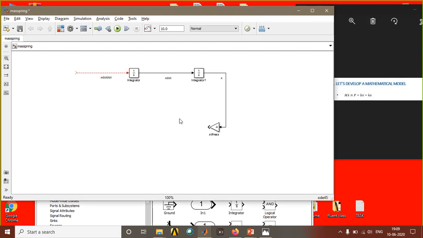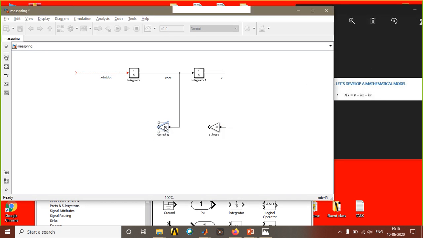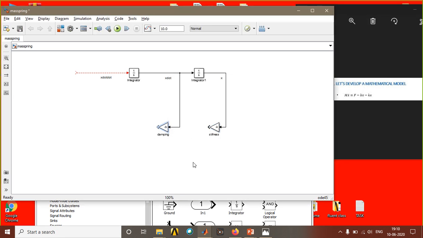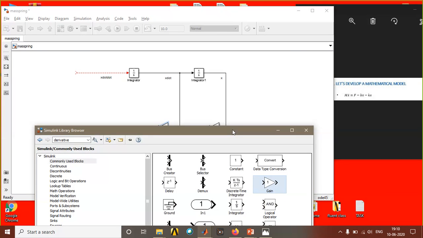Next, I am going to copy this and put it here. This is damping. Damping is nothing but minus of B. Next, I have my force as an input. Here I am going to use something called step. Why step? I'll tell you.